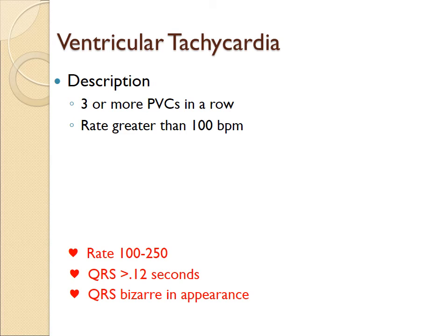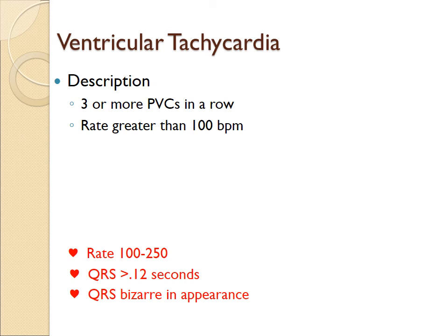Okay, the next arrhythmia that we're going to look at that's a ventricular arrhythmia is ventricular tachycardia. The description of this is 3 or more consecutive PVCs in a row, and it ends up being a rate that's greater than 100. And actually, if you're looking at the salient features, it's usually about 100 to 250.